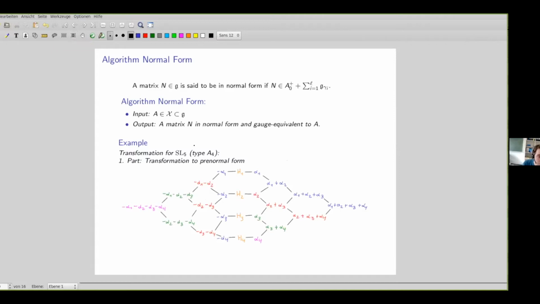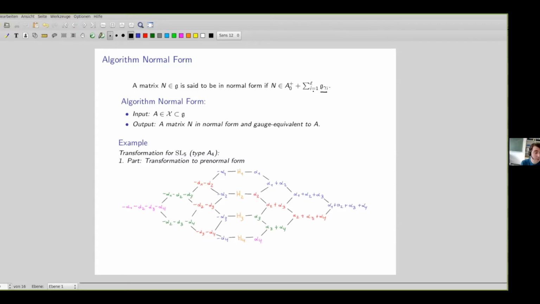So we call a matrix N in the Lie algebra a normal form if N lies in our L plane. So again, here A0 plus is the sum of the simple roots. And here these are the one-dimensional root spaces corresponding to the roots gamma i from the first theorem. Or in other words, a matrix is said to be in normal form if it has the shape of the first theorem.